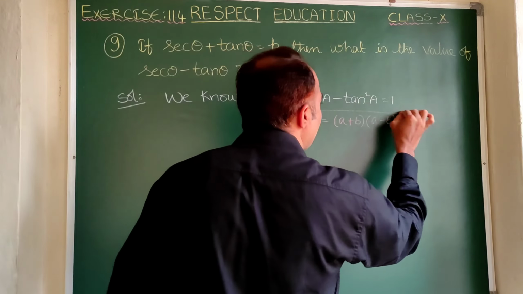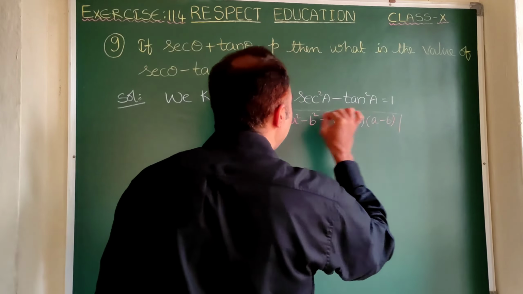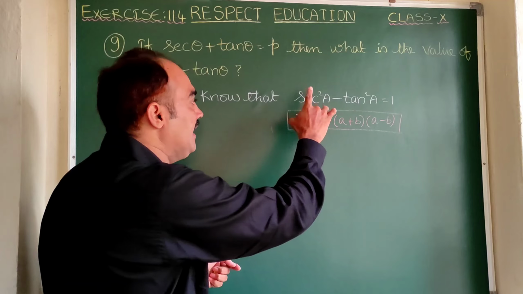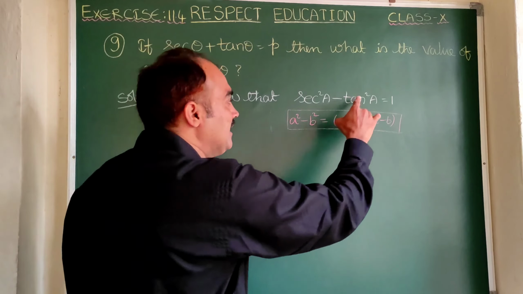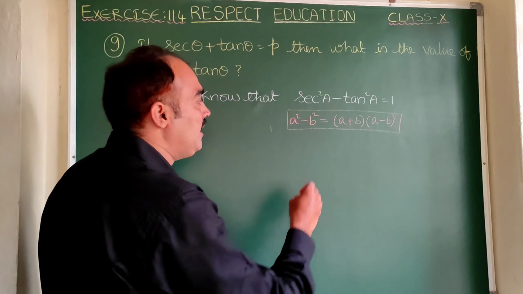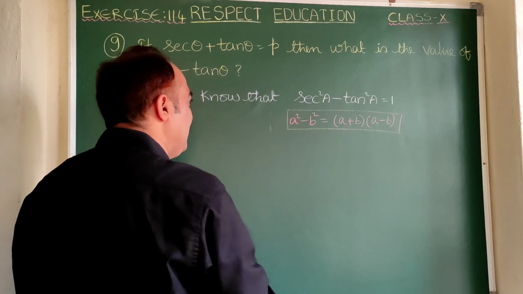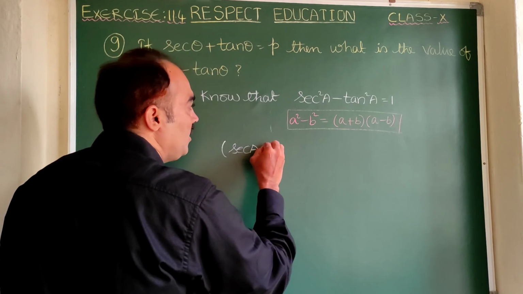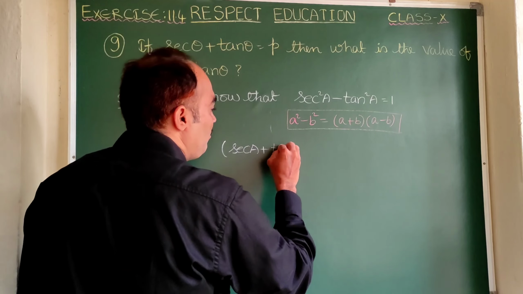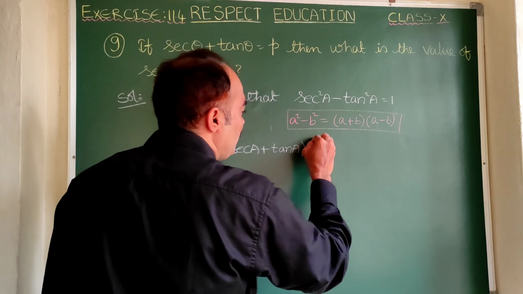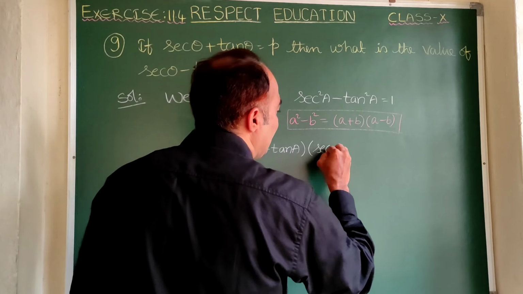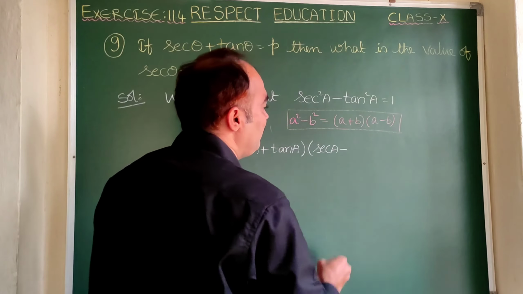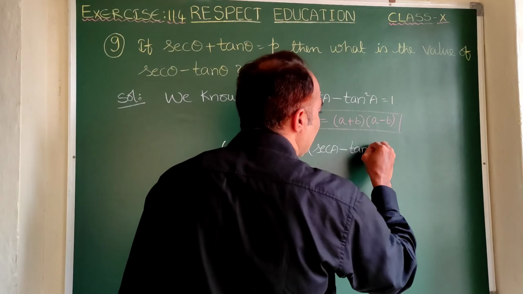Here A is only secant A, not secant square A, and B is tan A. Now A plus B is secant A plus tan A, into A minus B, secant A minus tan A. Clear?